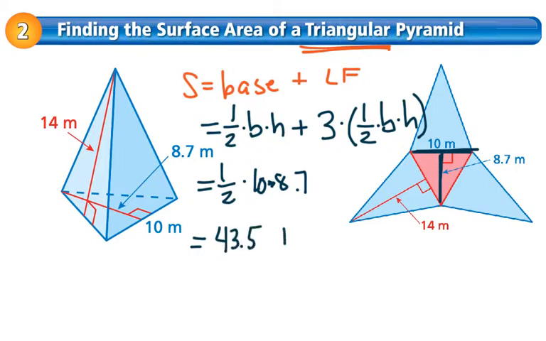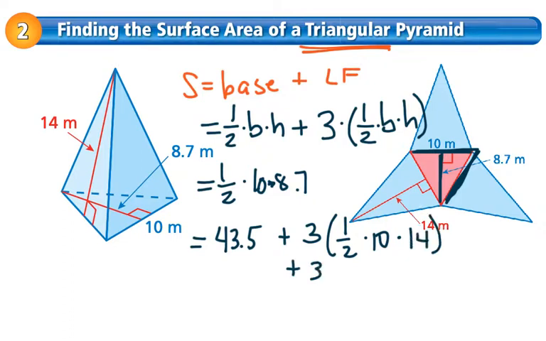Then we need to add the lateral faces. Again, there are 3 of those. And then that'll be times 1/2 times their base. Their bases are also 10. It's still one of the side lengths of this base triangle. But that slant height this time is actually 14 meters. So times 14. And we'll simplify that. So plus 3 times, 1/2 times 10 times 14 is 70 square meters.